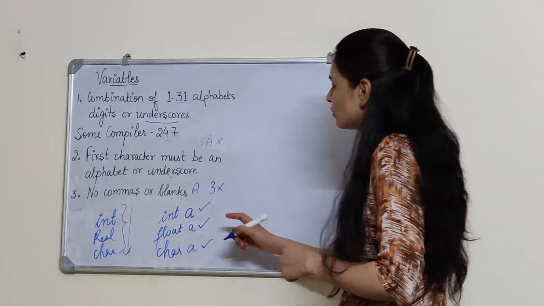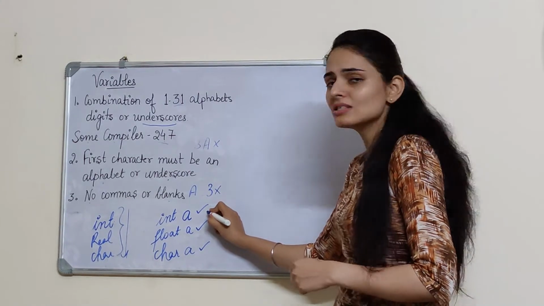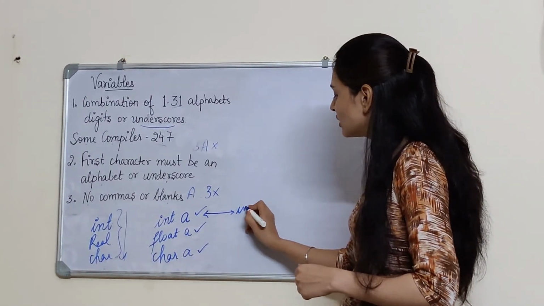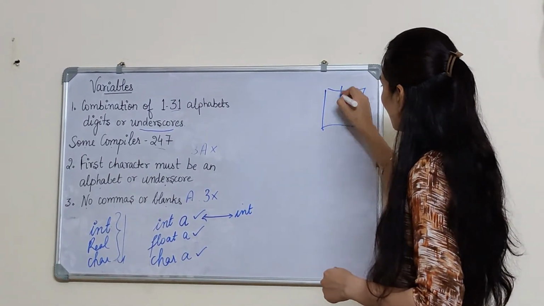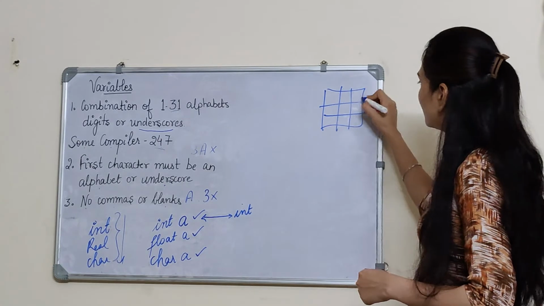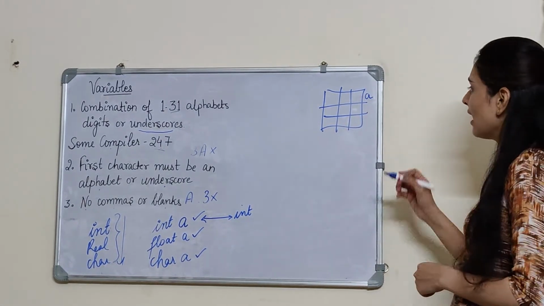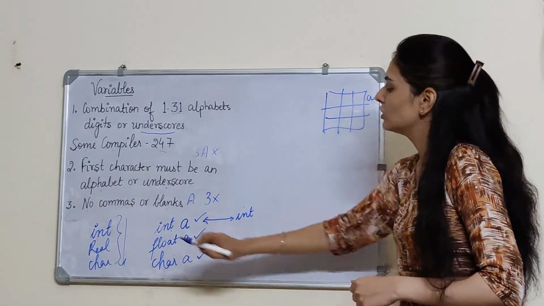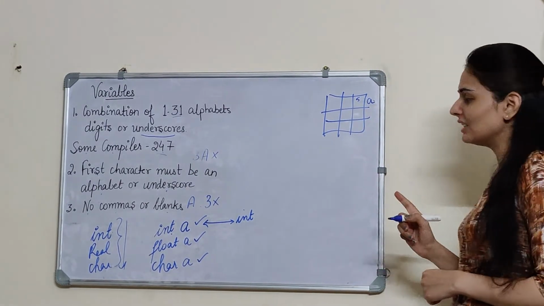Now we need to understand what is happening: if a variable is of integer type, then it can only handle integer type of constants. That means if in the memory location I say that this particular memory location is named as A, and if this A is of integer type, then the value that it can store is of type integer only.